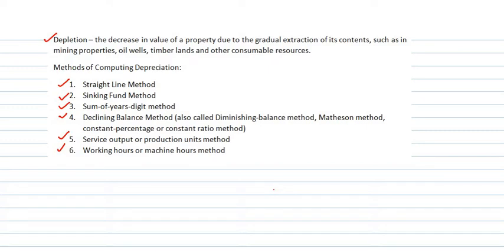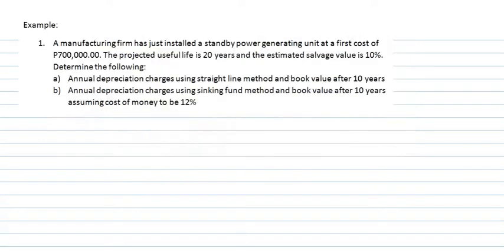So we will start first discussing a straight line method, sinking fund method, and then sum of years digit method by presenting a problem. Okay, so we have here our example. Example number 1. A manufacturing firm has just installed a standby power generating unit at a first cost of 700,000.